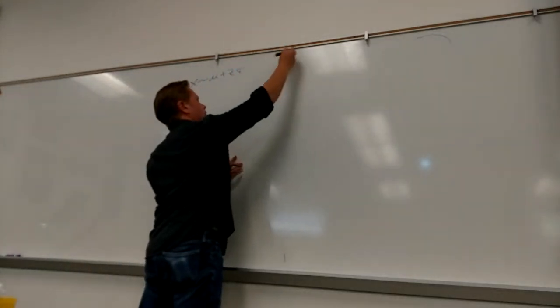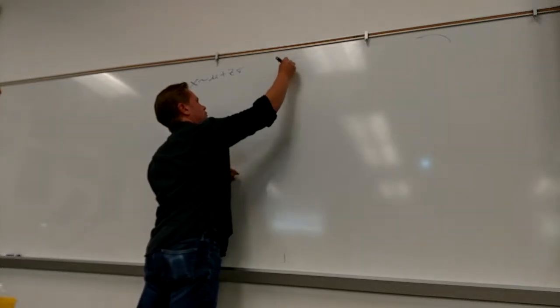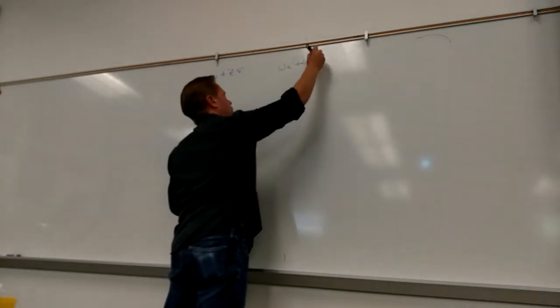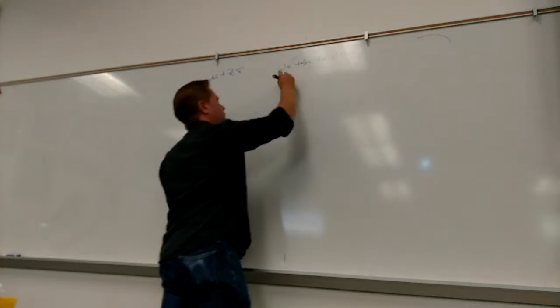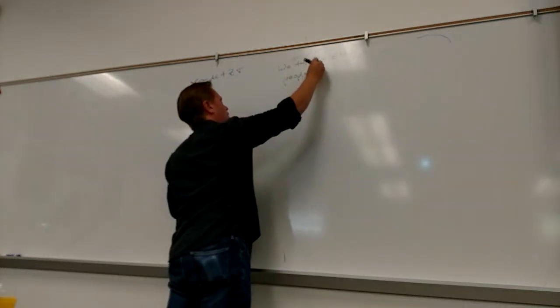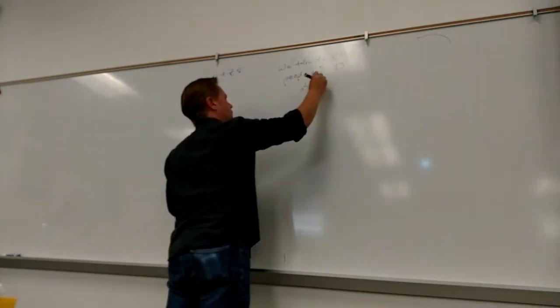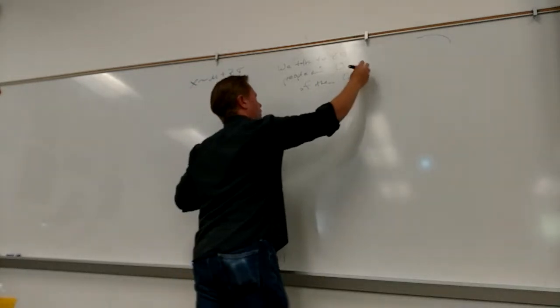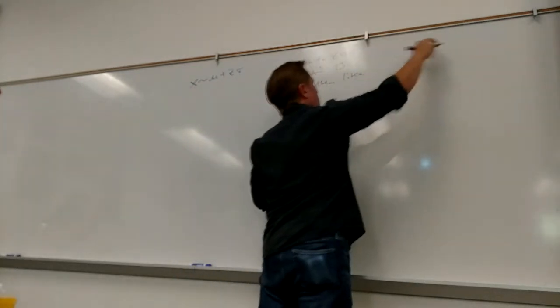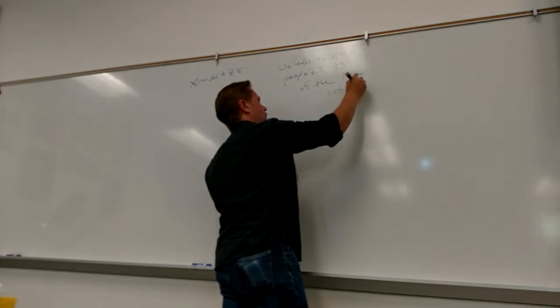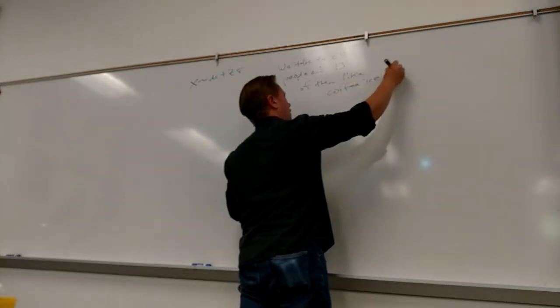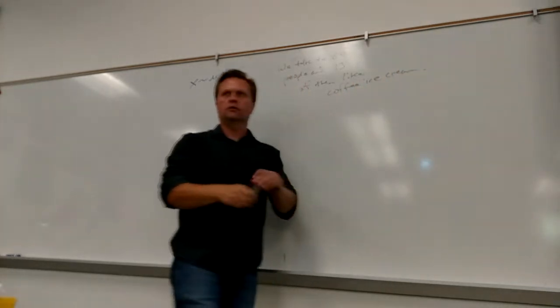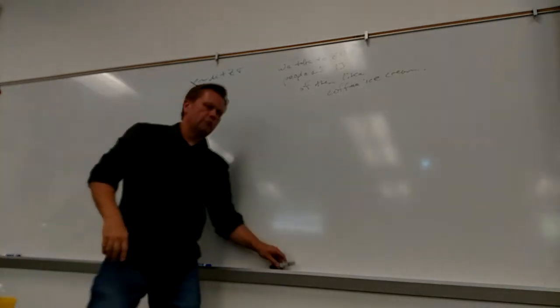So the beginning of a problem looked like we talked to 80 people, and 13 of them like coffee ice cream. Blah, blah, blah, right? Can somebody figure out a percentage from that?